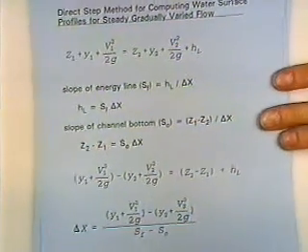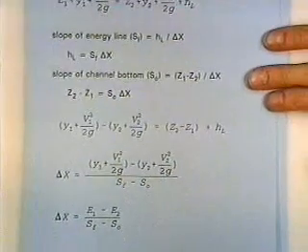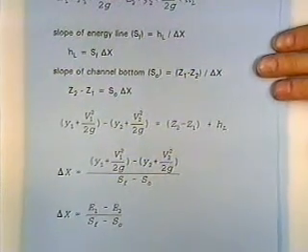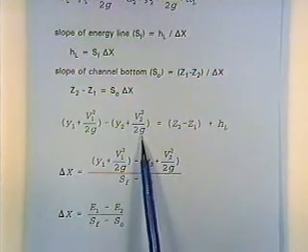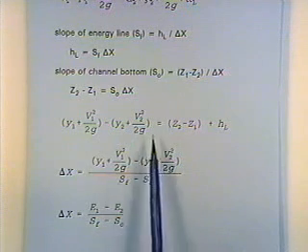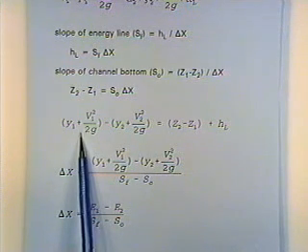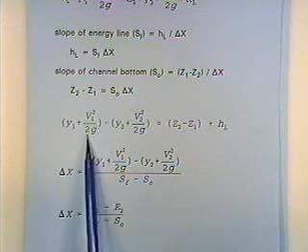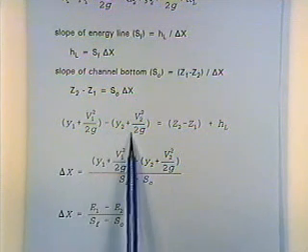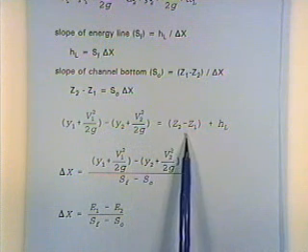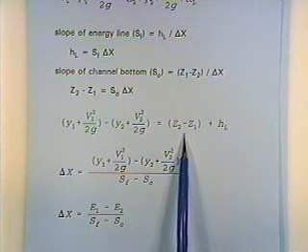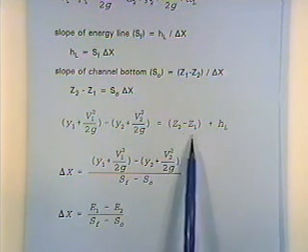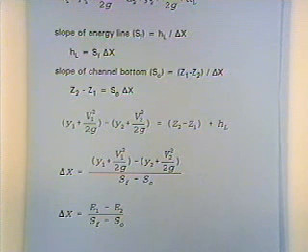And now we're taking the energy equation and rearranging it, a simple algebraic rearranging of terms. Basically this says specific energy, remember, specific energy is the depth plus the velocity head. Specific energy upstream minus specific energy downstream is equal to the difference in elevation of the channel bottom between the two sections plus the head loss in between.